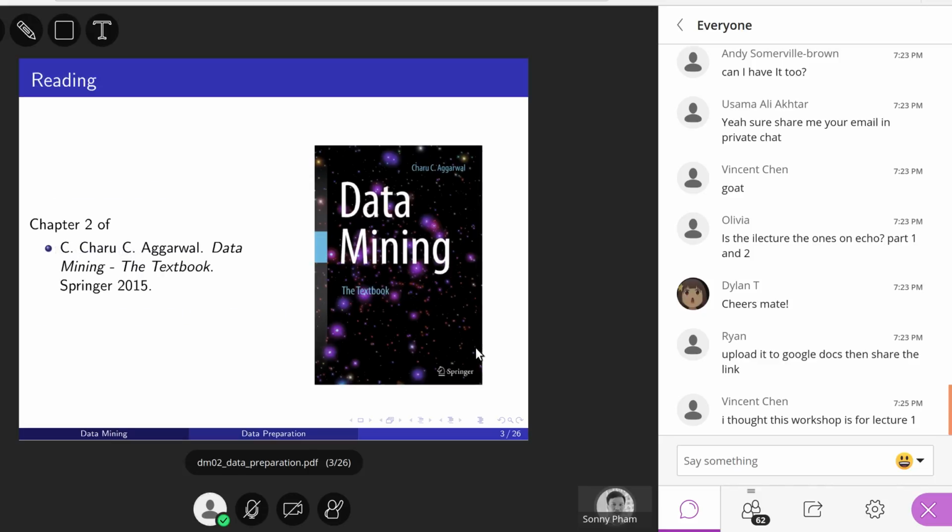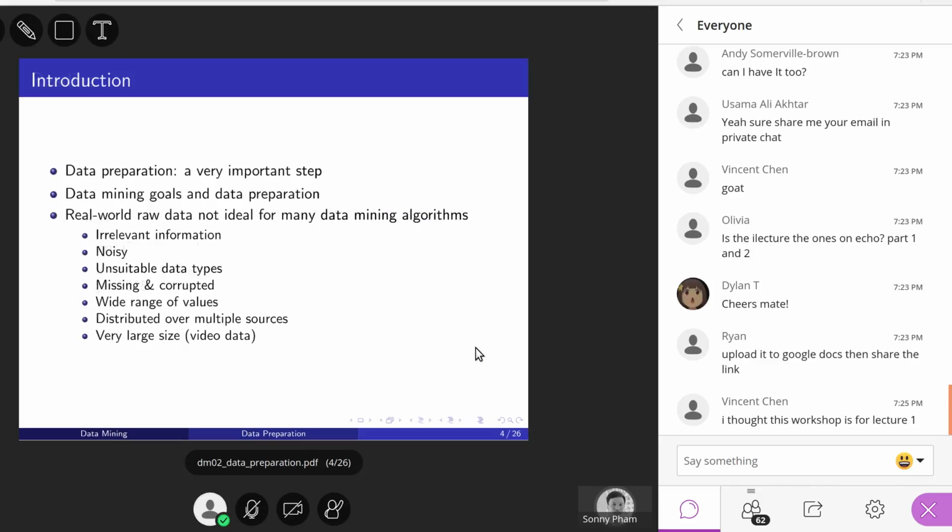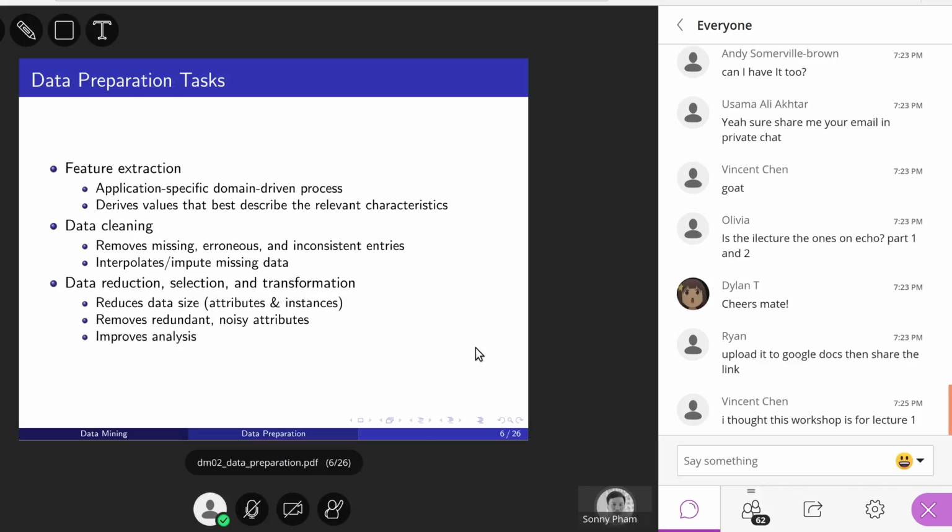So in feature extraction, the book is there, right? The background is there, right? Feature extraction. Now, one of the key things that I would like to mention is that feature extraction is an application specific and domain driven process. What it means is that depending on the problem at hand, you have to come up with different ways to extract features, and I explained in the iLecture, right?